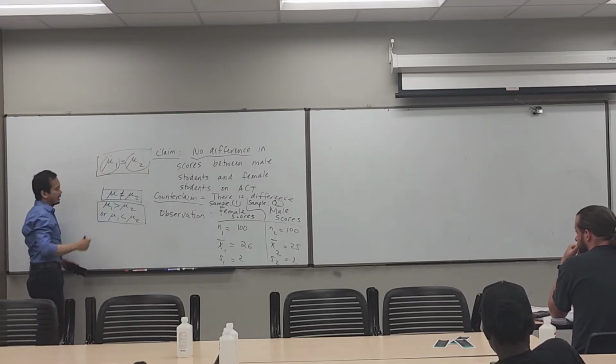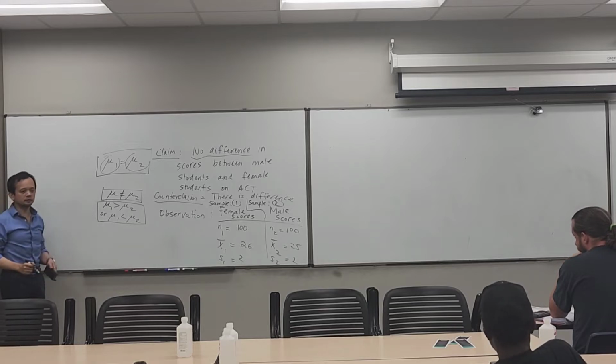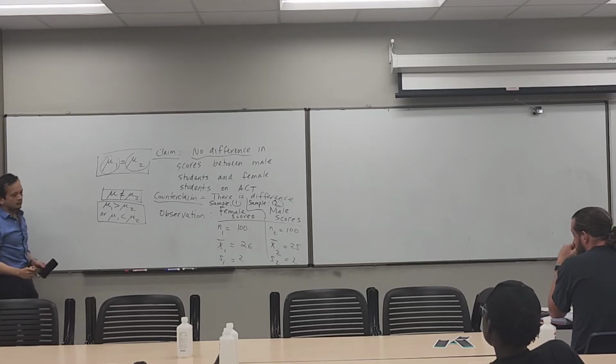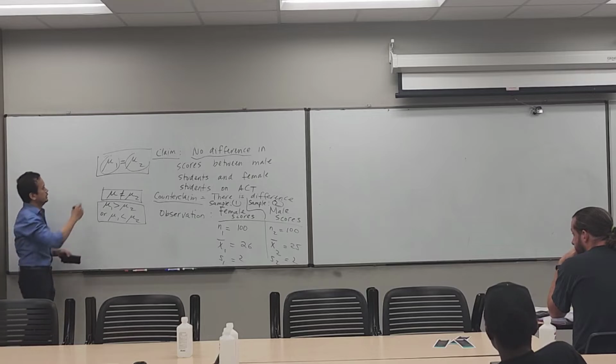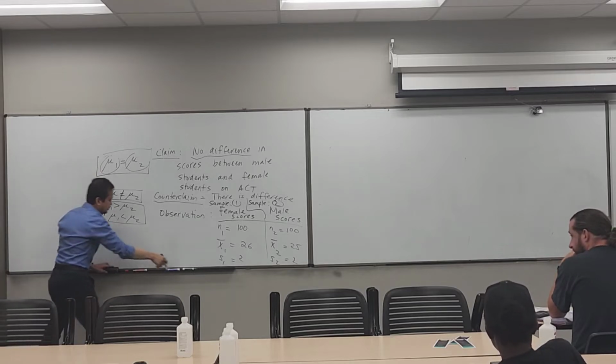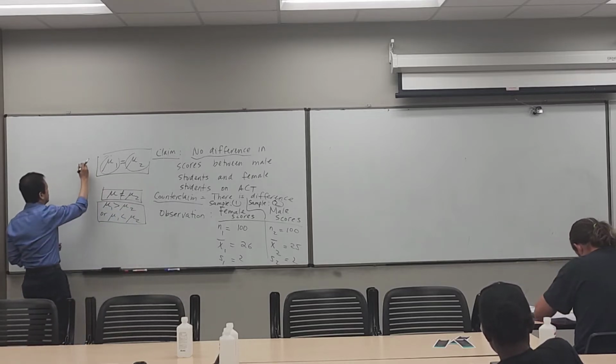Okay, so now that we have the mathematical statements, which one is the null hypothesis? The first one. Yeah, the first one, that'll be H0, and the other one will be H1.